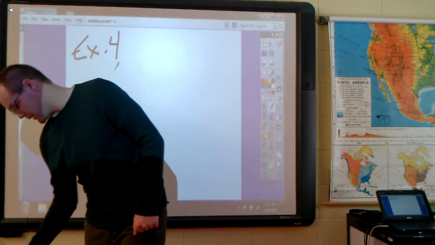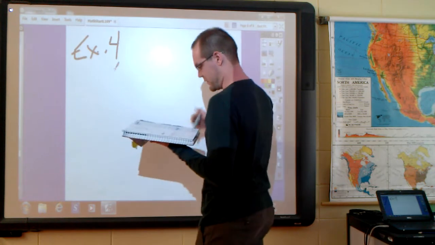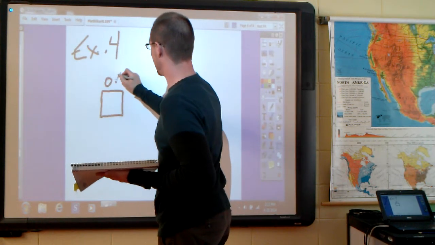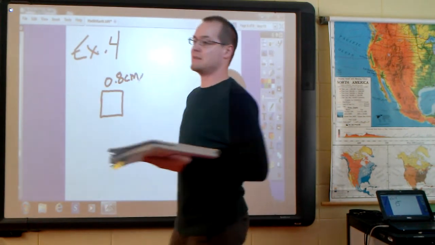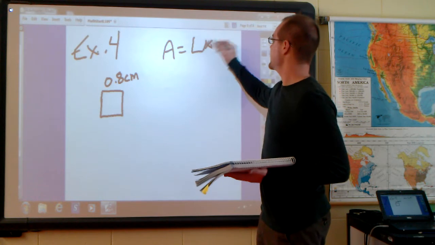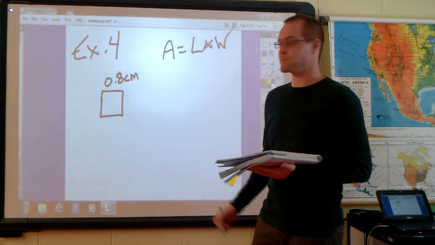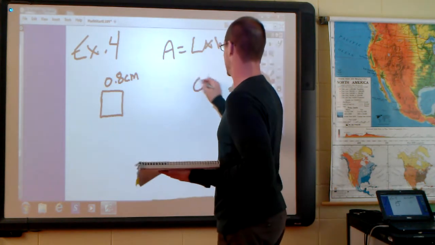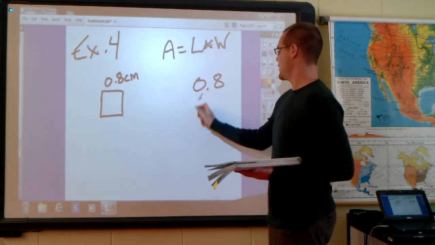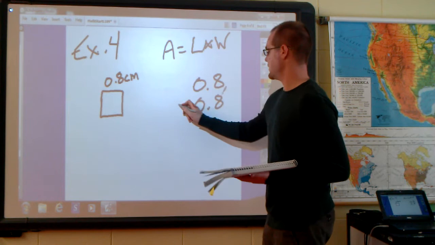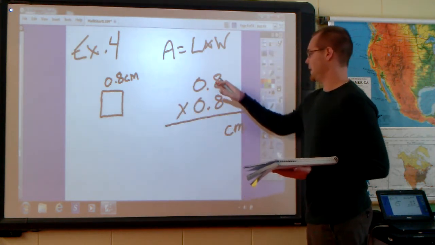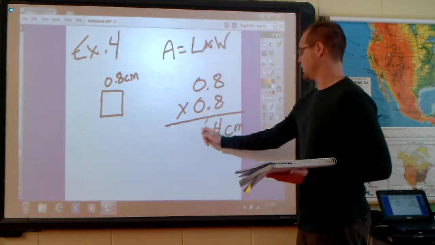Example number 4: what is the area of this square? They show that each side is 8/10 of a centimeter. We know that the formula for area is length times width. The length of the square is 8/10 of a centimeter. The width is 8/10 of a centimeter. I will multiply. 8 times 8 is 64.